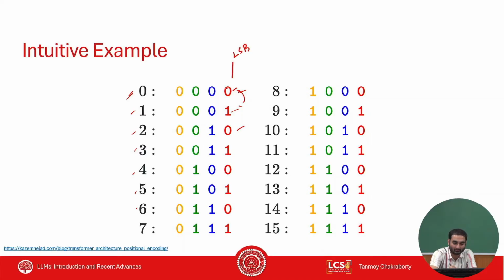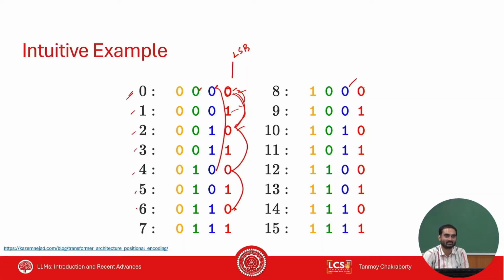Every unique number is altered every second position, 0 here, 0 here, 0, 0. Every number here is altered in fourth position. So here, here, and so on. Every number here is altered in 8th position, isn't it? So you see some sort of periodicity.